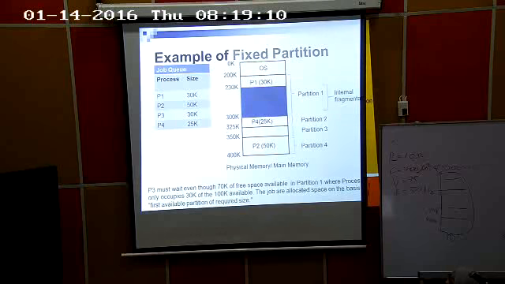So in this case, P2 and P3 need to wait until P1 completes, then only P2 will go into partition 1. P2 completes, then only P3 will go into partition 1. So, simple, however it will take longer time. Right?